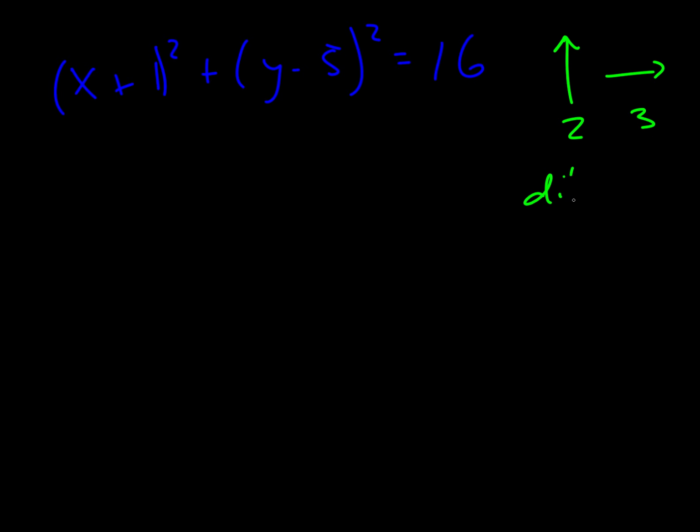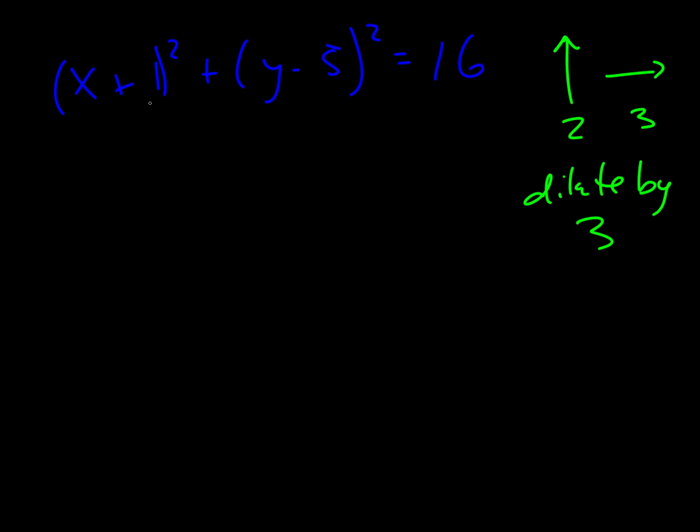So we're going to start with x plus 1 squared plus y minus 5 squared equal to 16. Okay, let's say we go up by 2, right by 3, and dilate by 3.